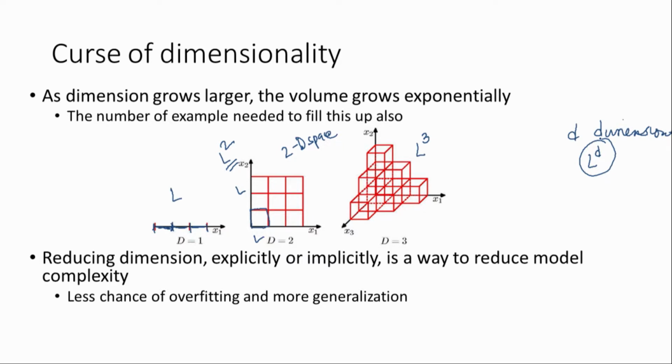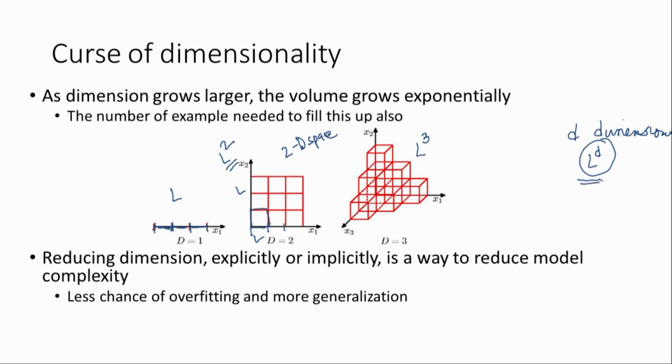Why am I asking this? Imagine these are features: x1, x2, x3 are features, and imagine they take discrete values 0, 1, 2, 3, 4, etc., up to some max of L. If you have a d-dimensional feature vector, and each value ranges between 0 and L, what is the total number of possible values this feature vector can take?